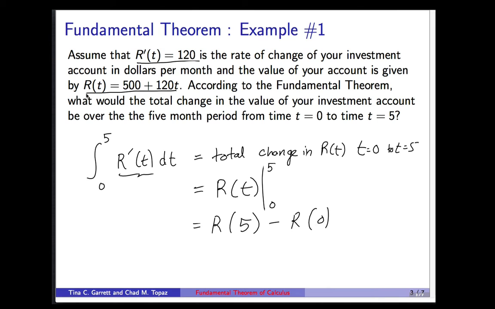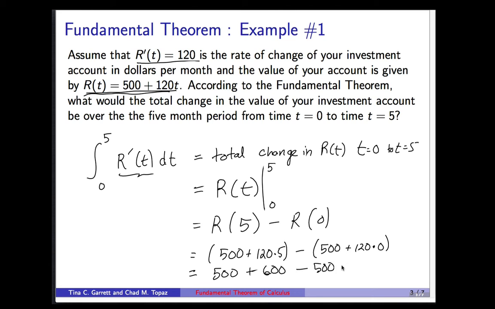And since we actually have the function r of t, we can plug in 5 and get 500 plus 120 times 5, minus 500 plus 120 times 0. And that looks like 500 plus 600 minus 500, or $600 in total change in your retirement account from month 0 to month 5.